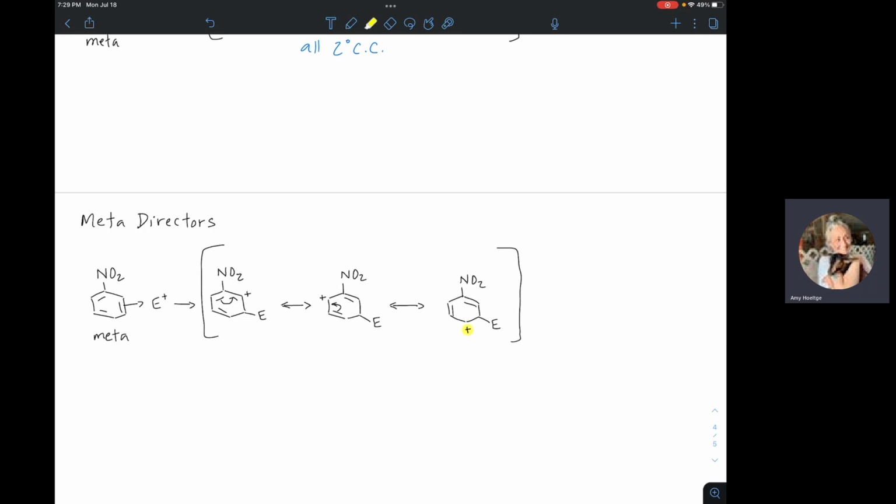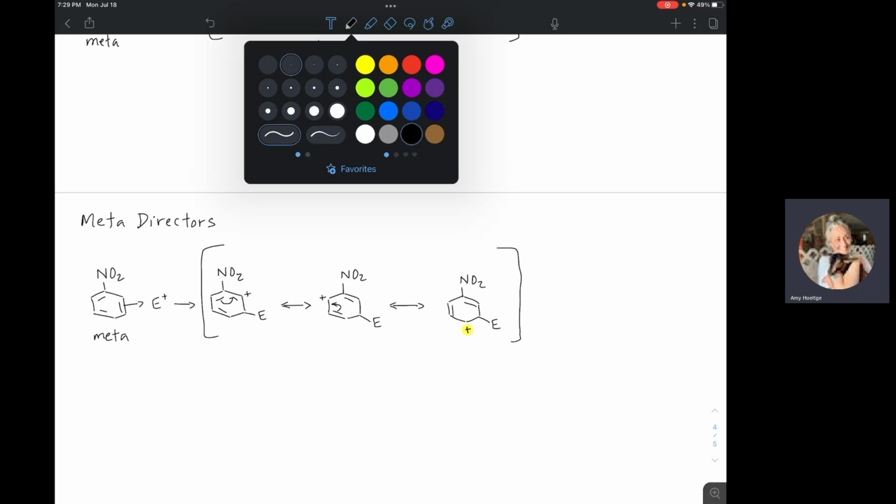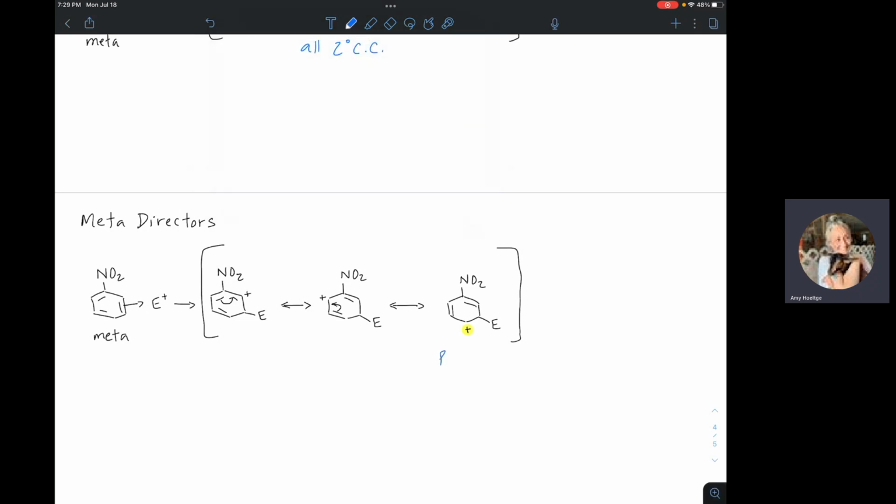So of course you're getting secondary carbocations all around, right? But you get at least one where the positively charged carbon is across the ring as far away from the electron withdrawing group as possible. So this right here puts the carbocation as far away from the electron withdrawing group as possible.